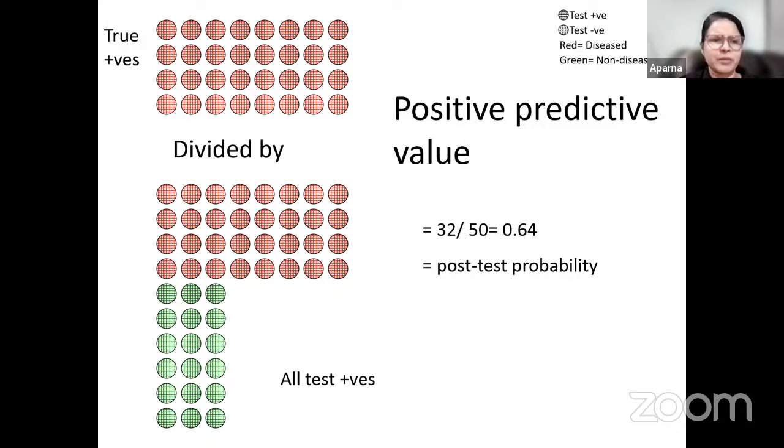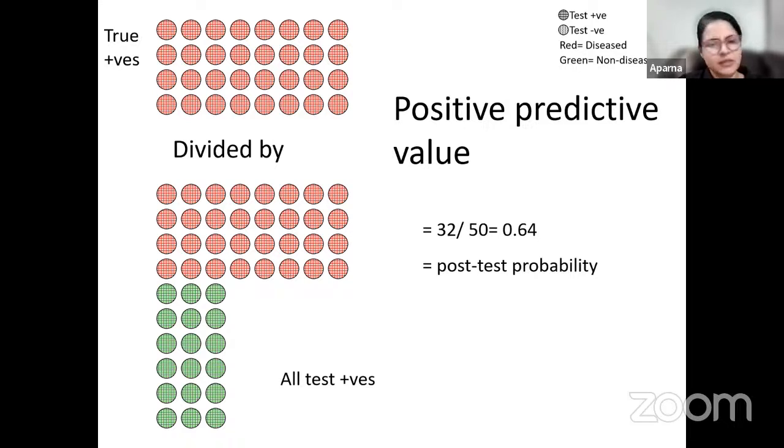This is very simple to remember. Positive predictive value is nothing but true positive divided by test positive. All test positives are taken in the denominator, and only the true positives, only truly diseased, are taken as the numerator. So true positives divided by test positives gives us the positive predictive value, and likewise true negative divided by test negative gives us the negative predictive value.